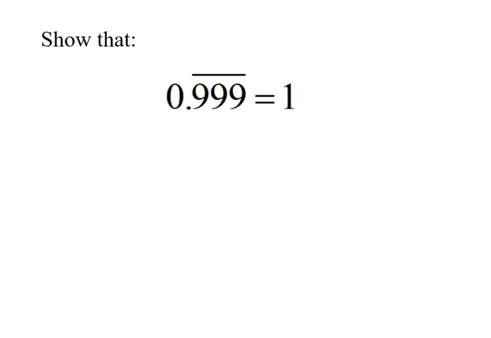Oh, this question. I love this question. Show that 0.9 repeating is equal to 1. There are a lot of different ways to show this. I could show this using fractions. I could show this from a philosophical point of view.